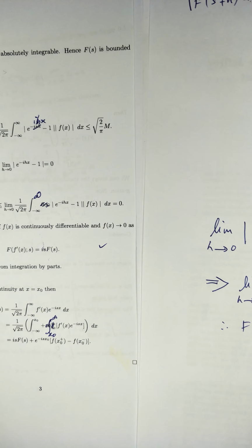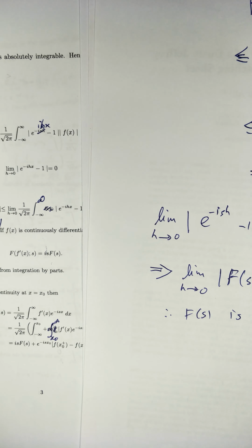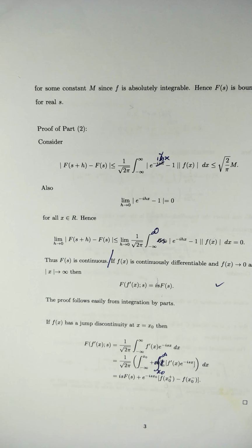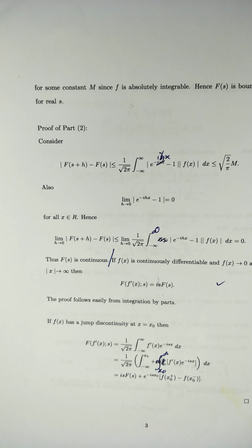So that's the proof given for part 2 in your notes. I just write it out, hopefully that will be clearer when I write those things. Okay, so this is the end of the proof, and this is the other part.